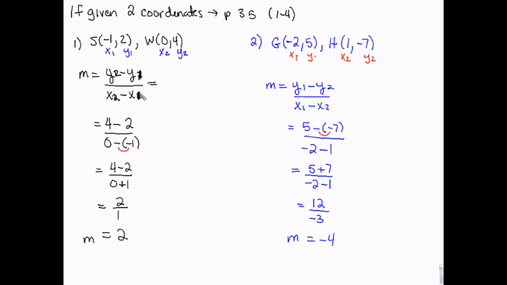Just make those 1's and we'll make those 2's. The 2's can go in the front or the 1's can go in the front. It doesn't matter which point goes in the front, just so long as I don't do like 4 minus 2 on top and then negative 1 minus 0 on the bottom. I have to go in the same direction. Does that make sense?